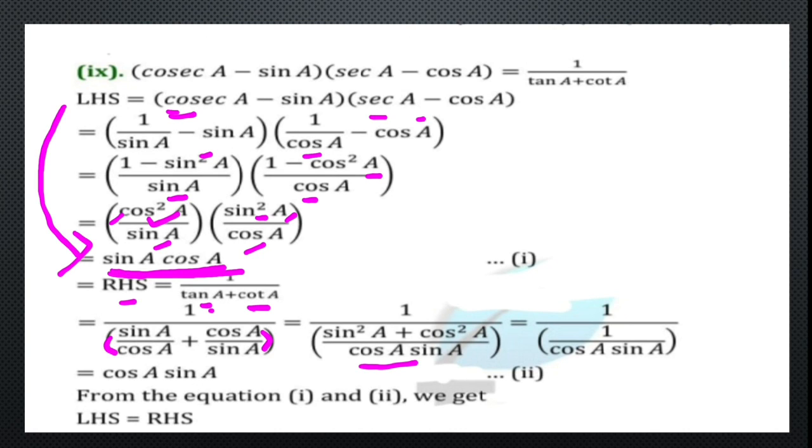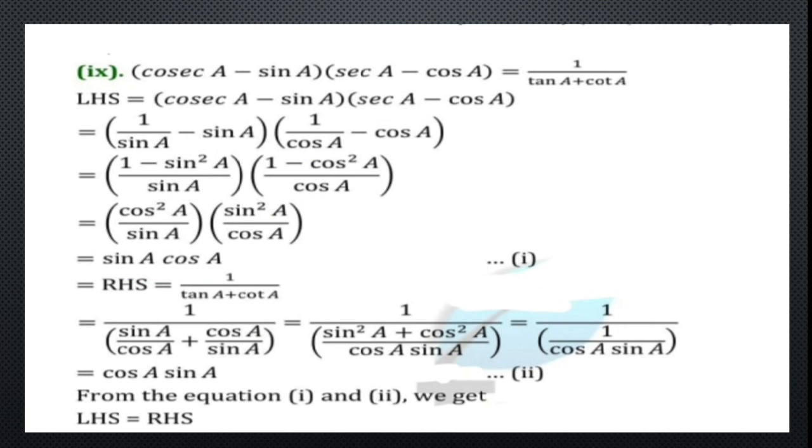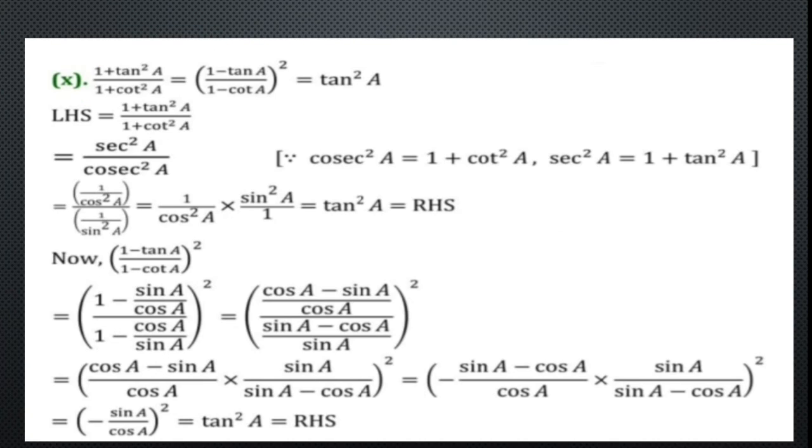This sin square a plus cos square a, by using the first identity, the value will become 1. So 1 by cos a into sin a. If you do the reciprocal, the resulting value will be sin a into cos a. So as you can see, the LHS value and the RHS value are equal. So our required result is verified.